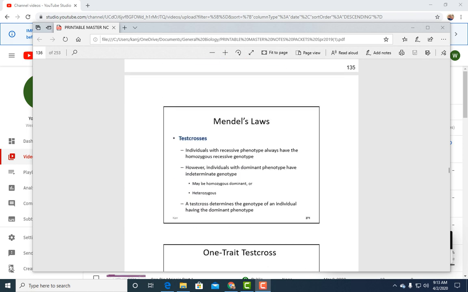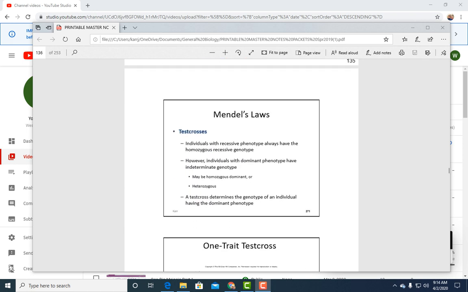So what we can do when we have an individual whose genotype we don't know, we can do what we call a test cross. And a test cross is always looking at an individual by crossing it with someone with a known genotype.